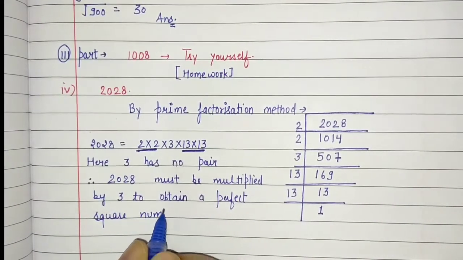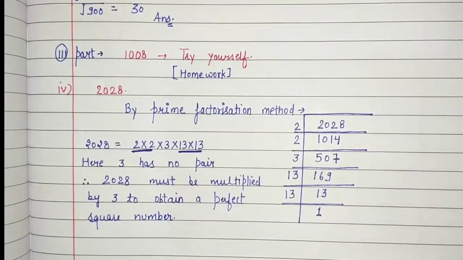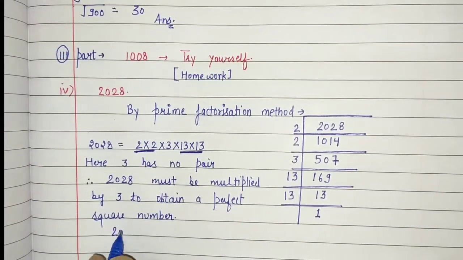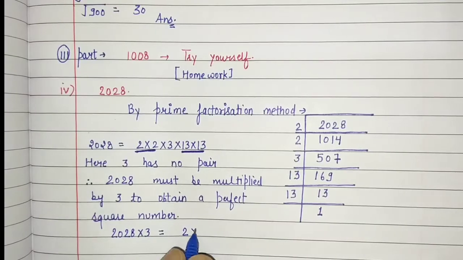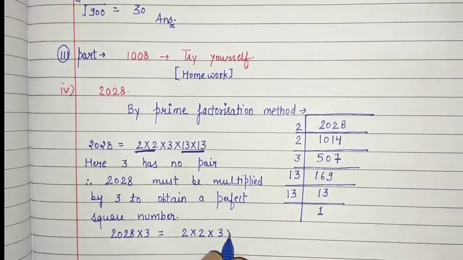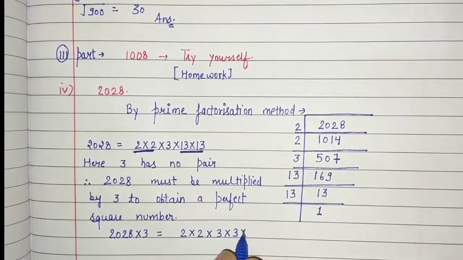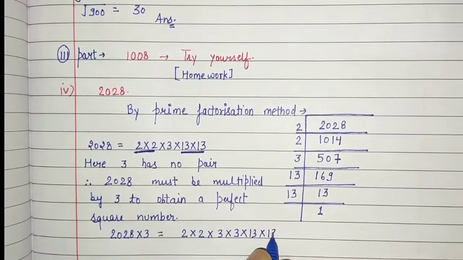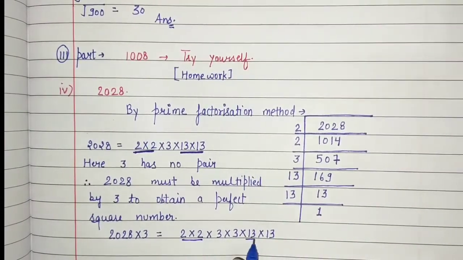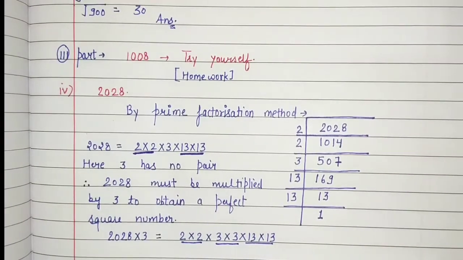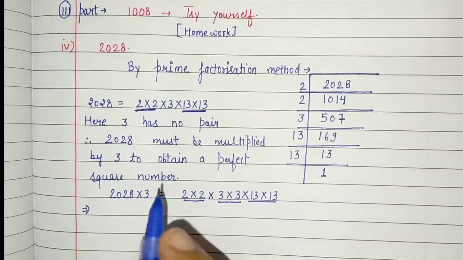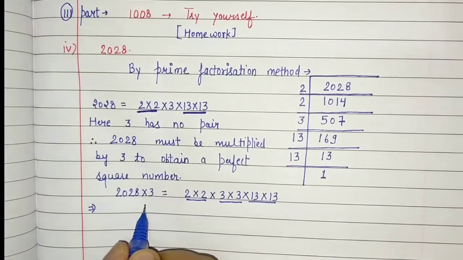Now multiply both sides with 3. 2028 into 3, and these factors are also multiplied with the 3. I am writing the 3 here to make the pairs. 2 has already a pair, 13 has already a pair. Now if we multiply with 3, 3 has a pair now.